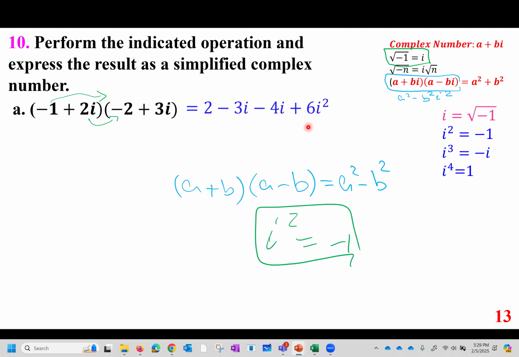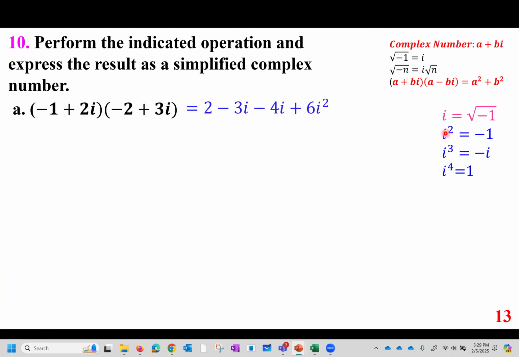So I'm going to remind you, i is the square root of negative 1. i squared is negative 1. If you cube it, you get negative i, and to the power of 4 is 1. I want to make sure that this one is clear. i cubed, everybody, is i squared times i.